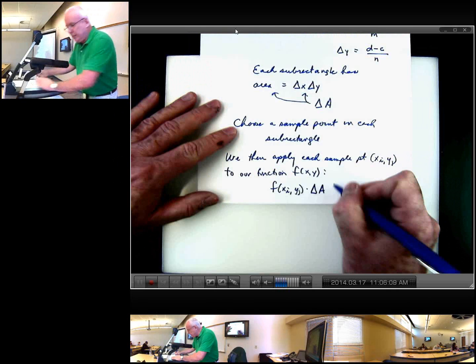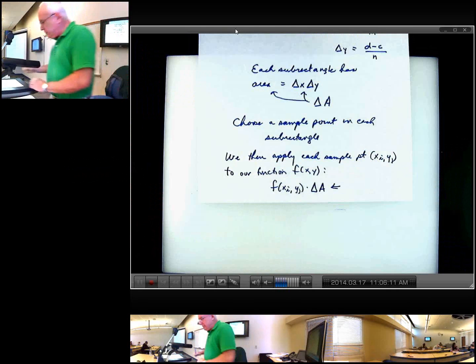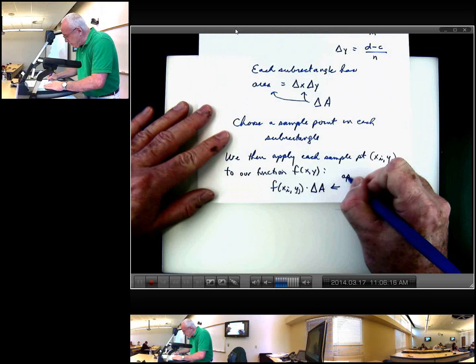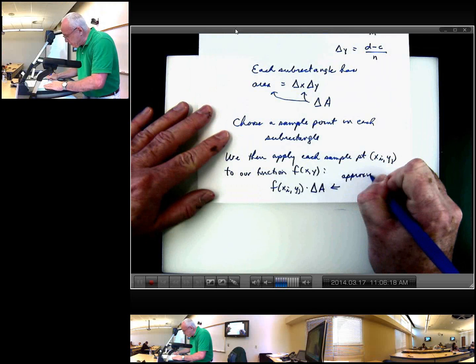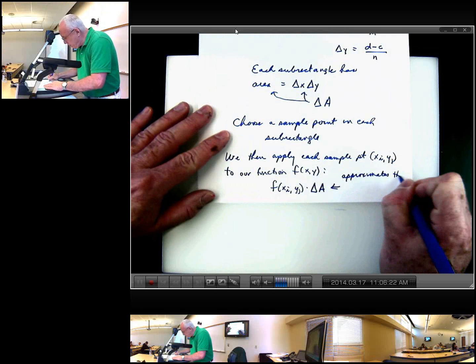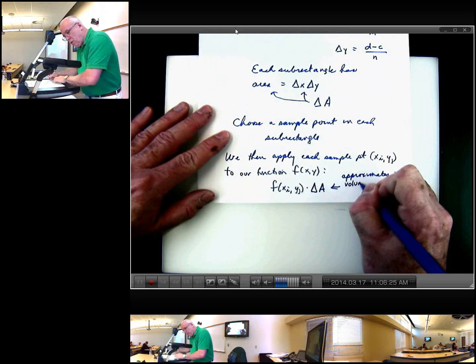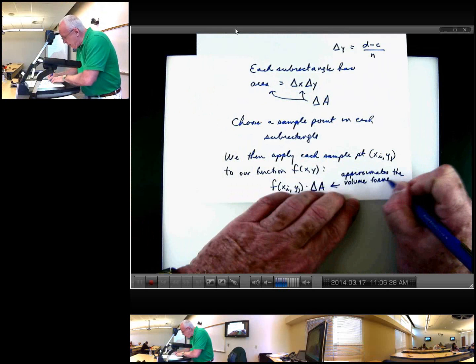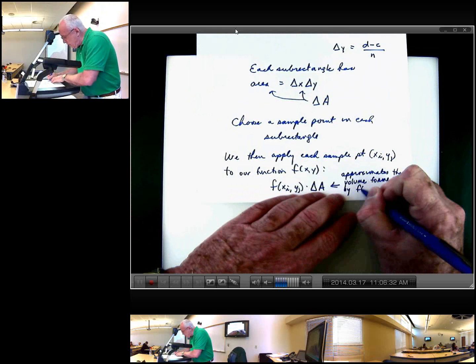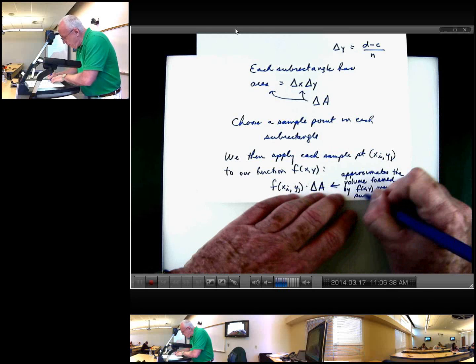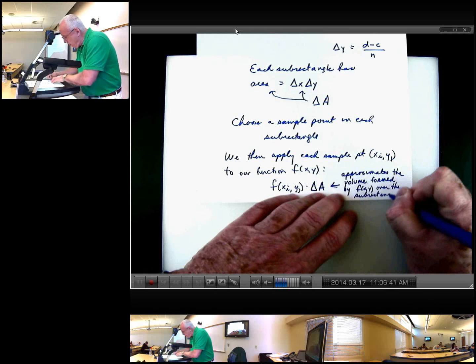So what this basically approximates, and I got another diagram for this, is the volume formed by our function f of x, y over the subrectangle.